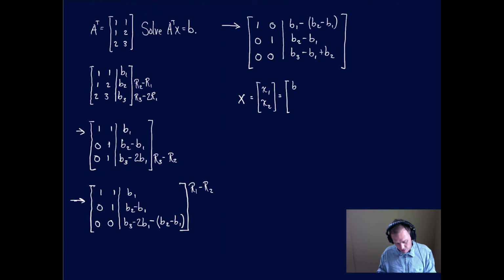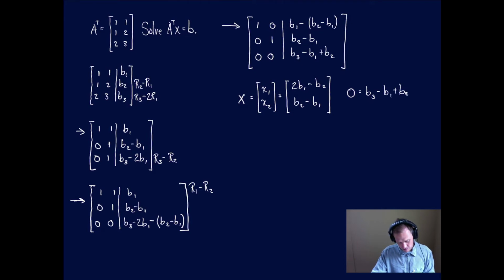Oh, so you have a b1 plus a b1, so let's write 2 b1s. Is 2 b1 minus b2. And then it's going to be b2 minus b1. Wow. So look at that. There is a solution. But also watch this. This last line says that 0 has to equal b3 minus b1 plus b2.